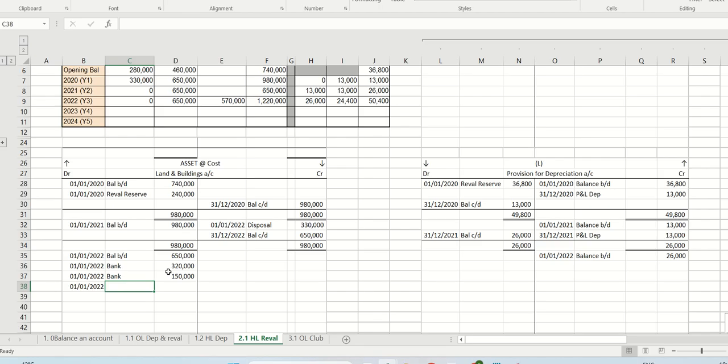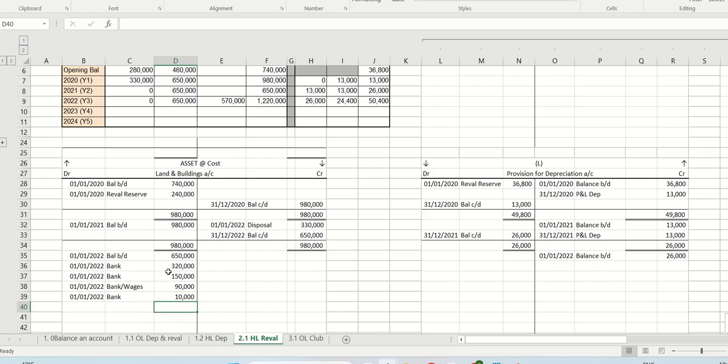The own employees, so we could say bank stroke wages for the employees of 90,000. And we're going to have bank for the legal fees of 10 grand. Okay, so that's all of our assets gone in there for the year.